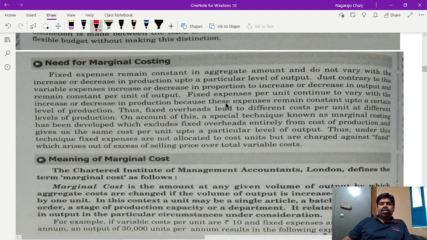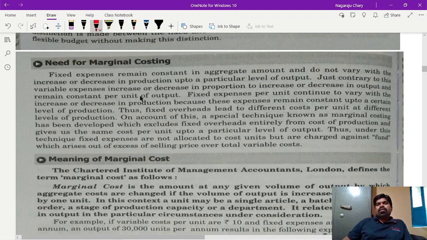If the volume of production is decreased, it is decreased. So the price of the product depends upon whatever cost is incurred for that product. That's why marginal cost is required, and that's why more importance is given to marginal costing than to absorption costing.